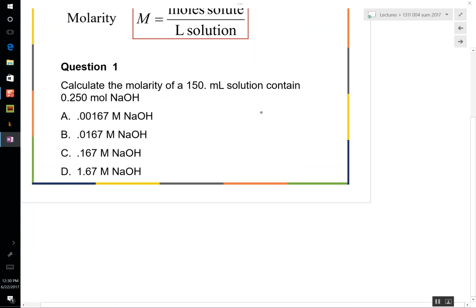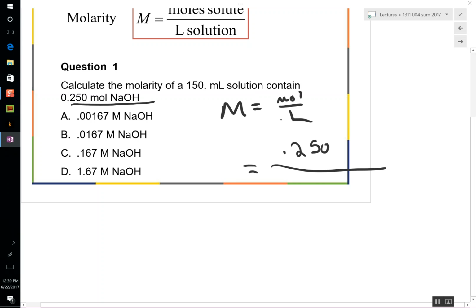So what we have here is, but remember, always go back to your defining equation. Molarity equals moles per liter. So take your moles and put it in the numerator. It's per liter.